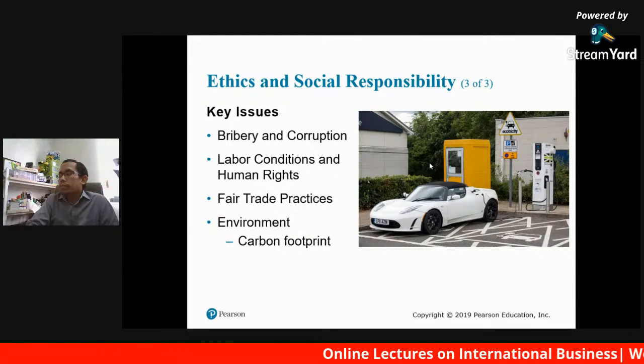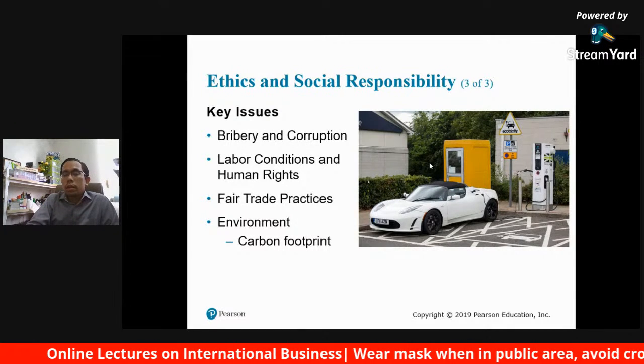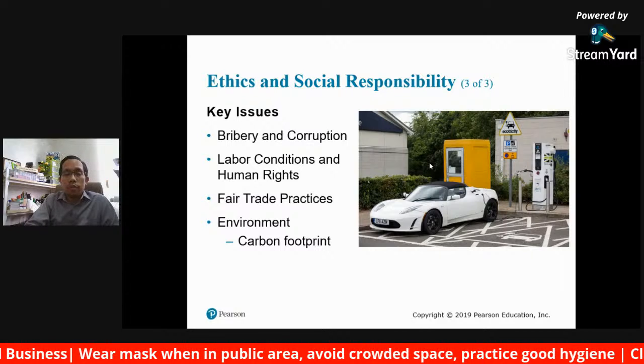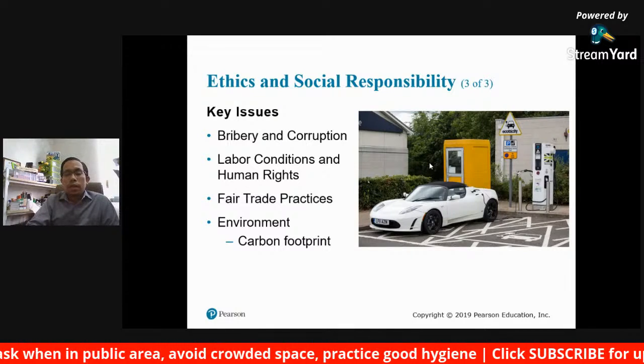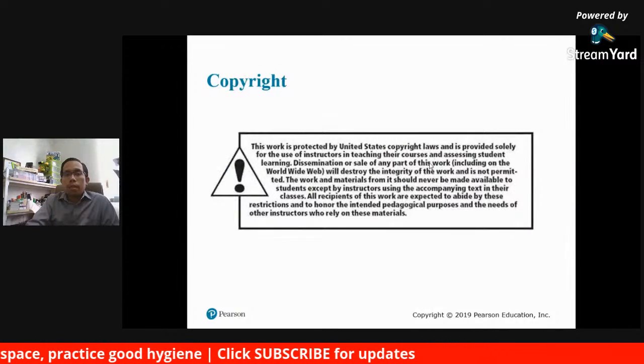As you can see in the picture, we have the electric car. That is the way business reduces its carbon footprint.